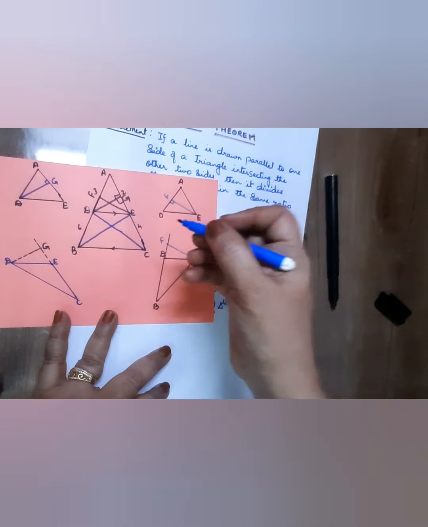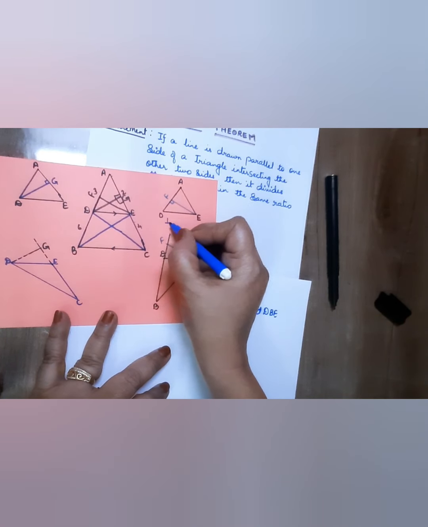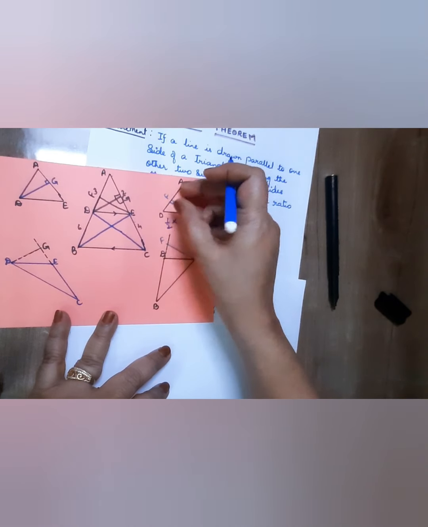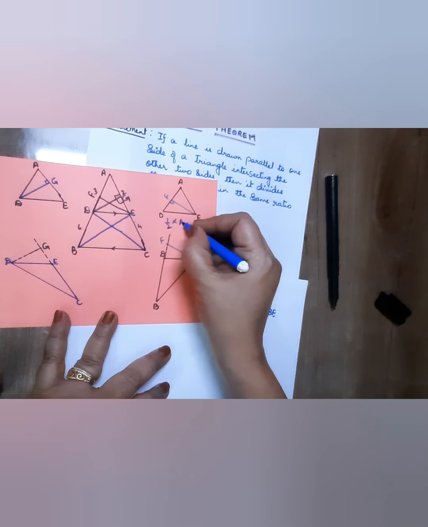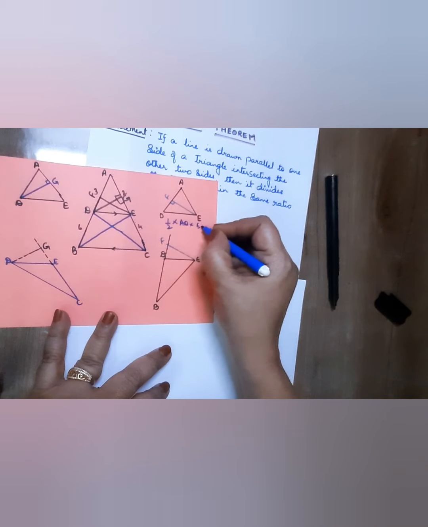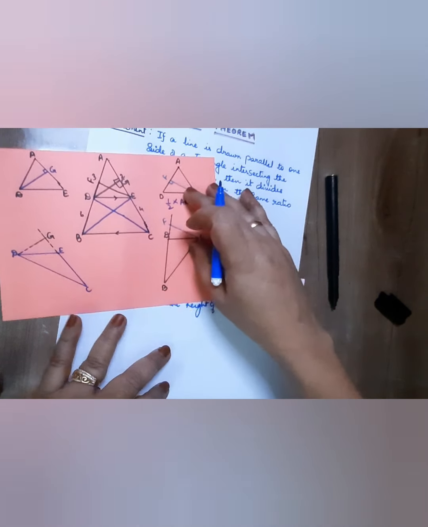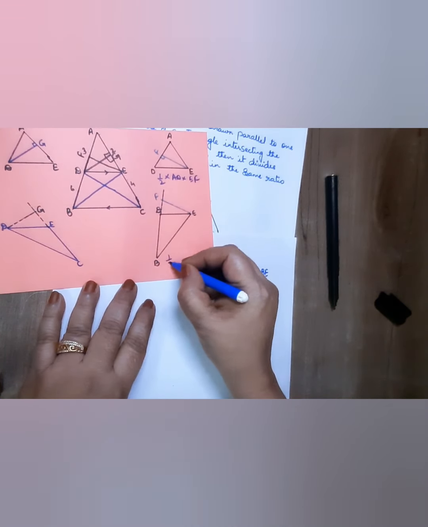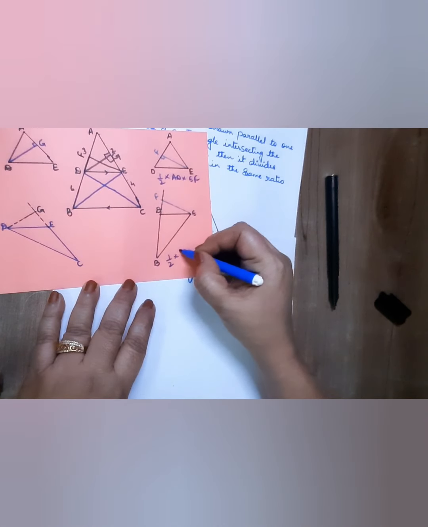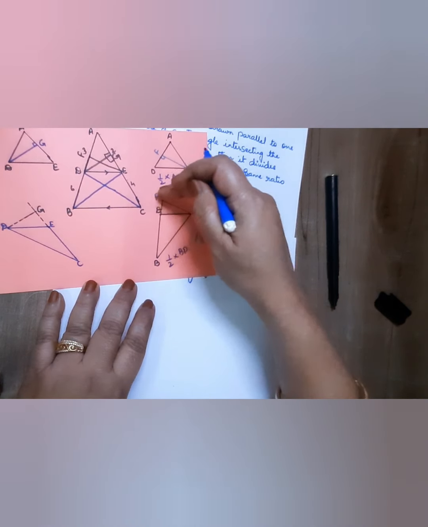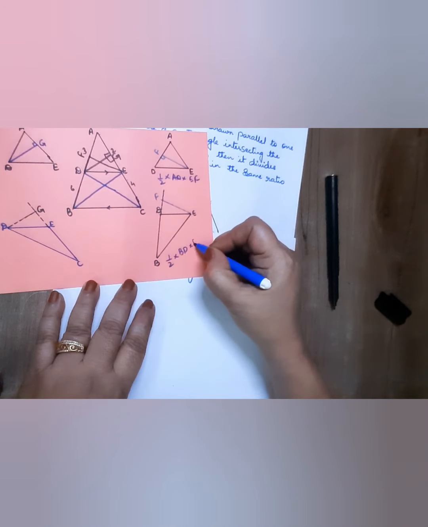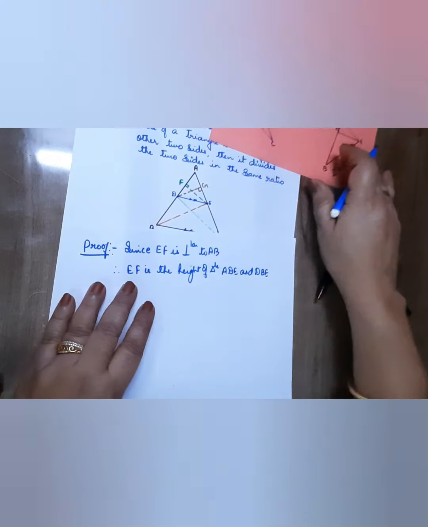So if I have to write, the area of this will be half, base here is AD into EF for this triangle. For this triangle, half BD, base, into height, which here will be EF only.